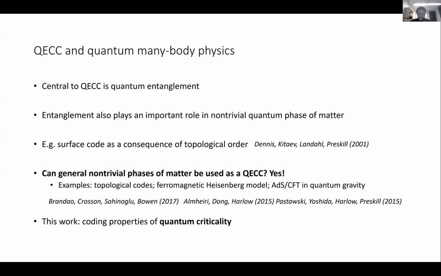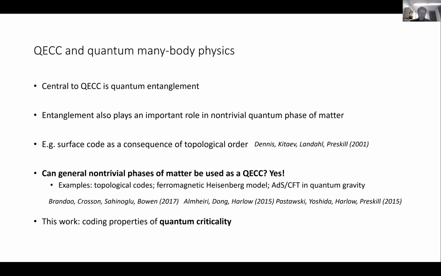So one fruitful example of combining quantum phases of matter and quantum error correction is called the surface code, which was put forward by this gentleman, Dennis Freskill, 20 years ago. Alongside the surface code, there's a notion called topological order in condensed matter systems. In fact, you can show that if you have topological order, that is a good error correction code.